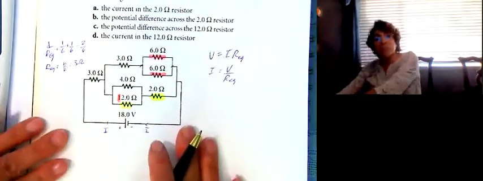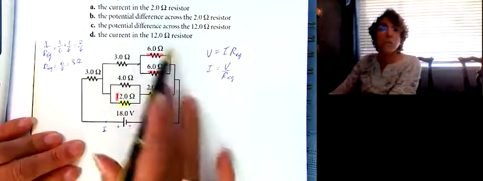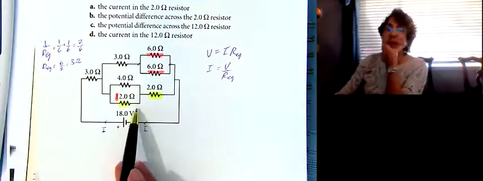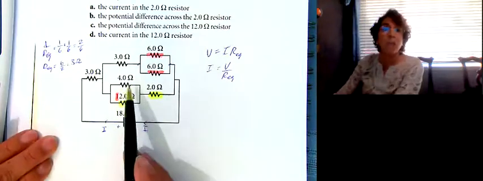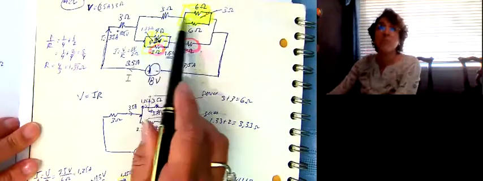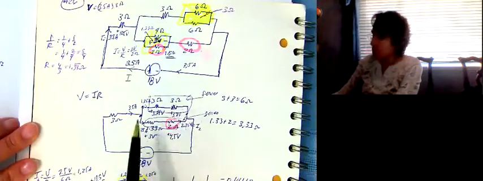Again, let's look at what we did here. We had to look at the circuit and immediately recognize who's in parallel. So these two 6s are in parallel. This was supposed to be 4 and 12, but I wrote down 4 and 2 here, unfortunately. And those were my parallel combinations. Then I reduced that. I had 3 ohms in series with this 3 ohm parallel combination. Same thing over here.